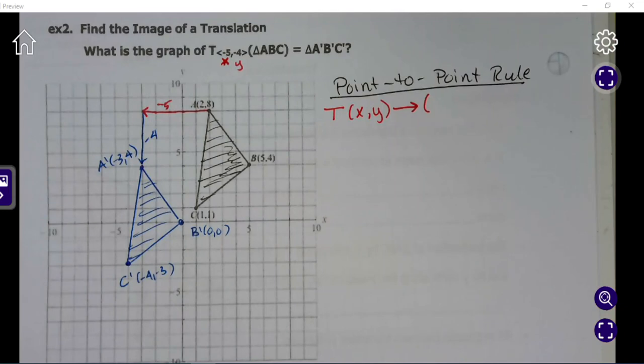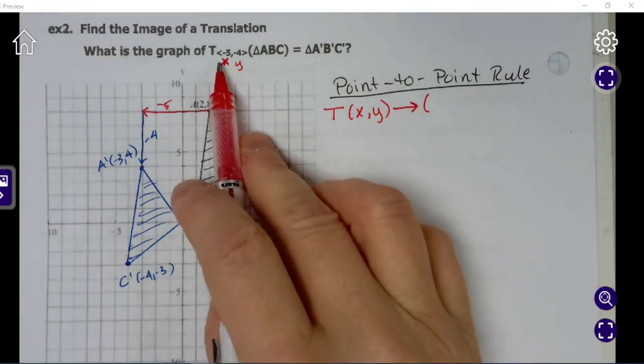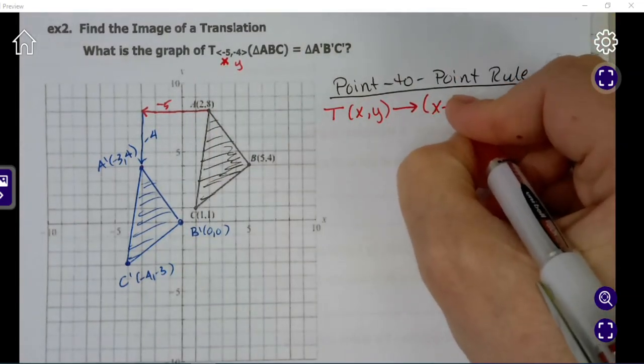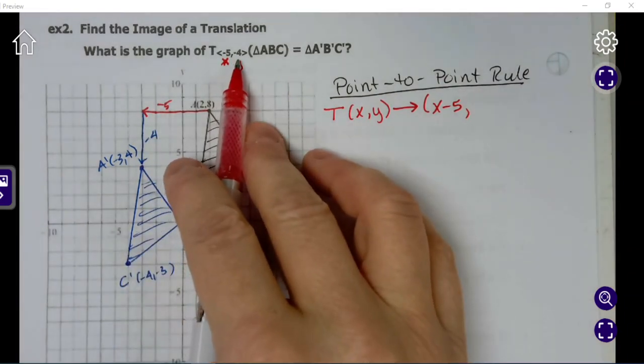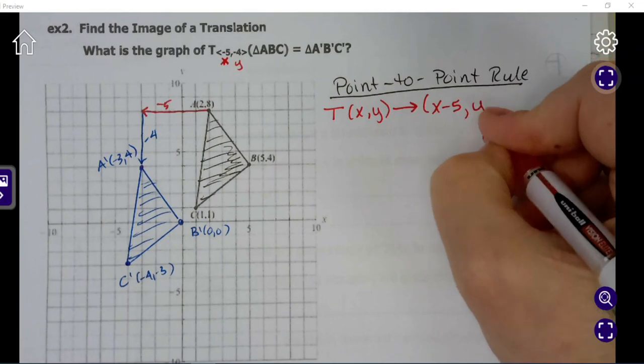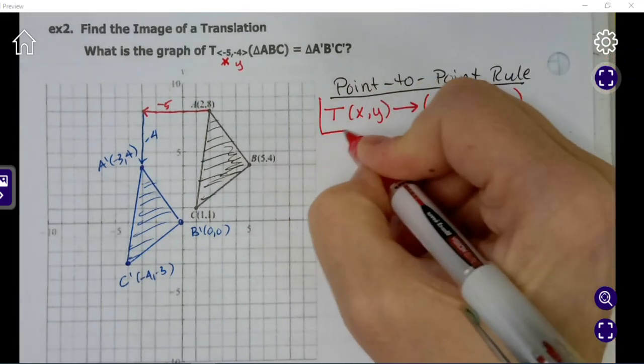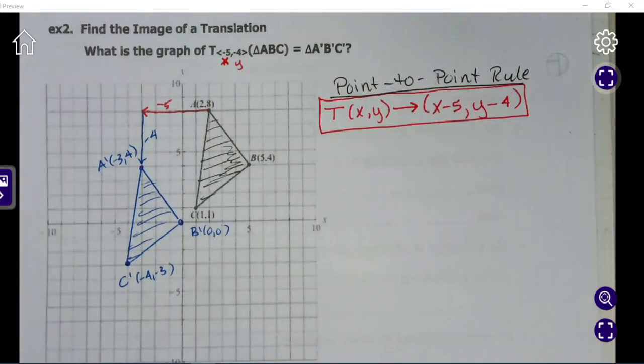And since this is a translation, it's going to be addition or subtraction on the point-to-point rule. So in this case, it was -5 in the X, so we're going to go X minus 5. And the rule told us -4 for the Y, so it's going to be Y minus 4. So translations are pretty easy to pull right off of the translation rule. All right, that's your point-to-point.